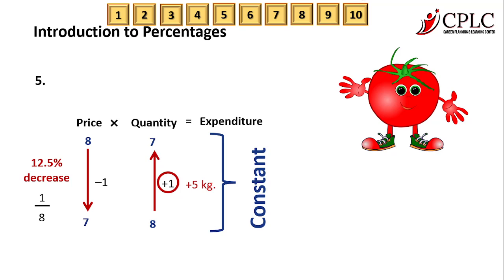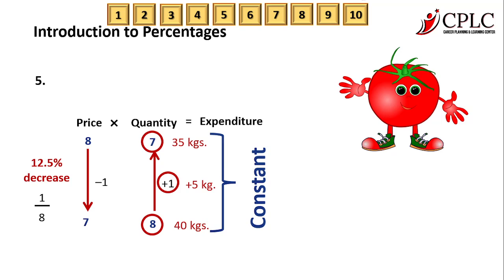Now, because the price has gone down by 12.5%, she gets the benefit of that, so the quantity will increase. So now she is getting 8 parts worth of tomatoes, which is 40 kilos, because 8 fives are 40. One part is 5, remember. And the story matches because they also said she is getting 5 kilos more than what she got earlier. So yes, now she is getting 40 kilos.